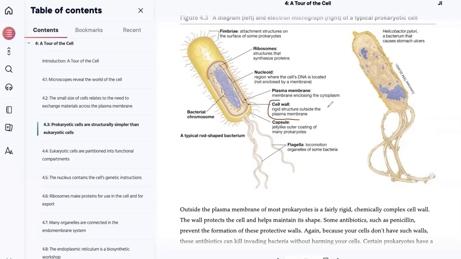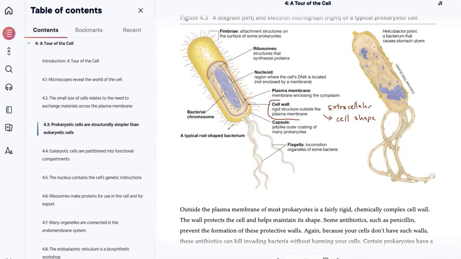It's actually an extracellular structure, right? Extra means outside. And there are some other things that are extracellular, like the capsule, like the flagella. But with the cell wall, a couple of important things: this is what's going to determine the shape of the cell.